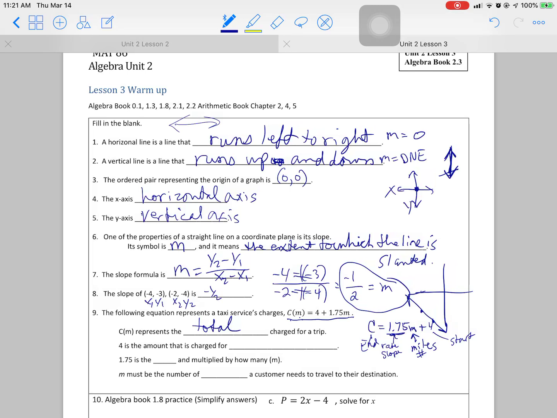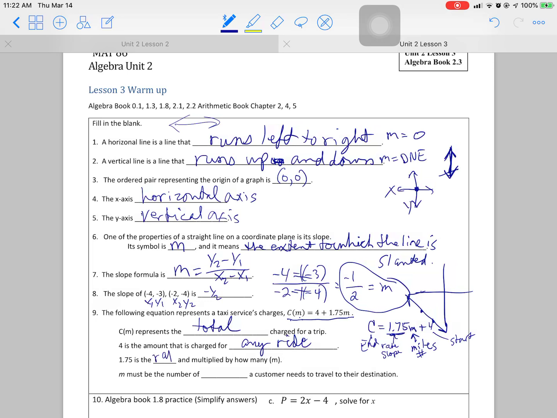Total is what they're looking for here. 4 is the amount charged for, this is taxi service, by the way, charged for any ride, right? Any ride. You get in the door, it's $4. Then how many miles you go, okay? The 1.75 is the slope, or the rate, or the cost per mile, multiplied by how many miles.